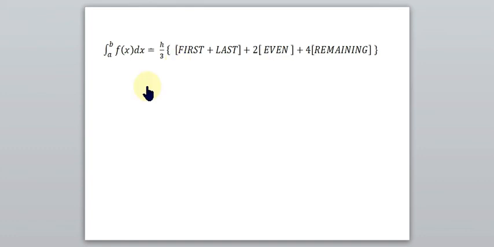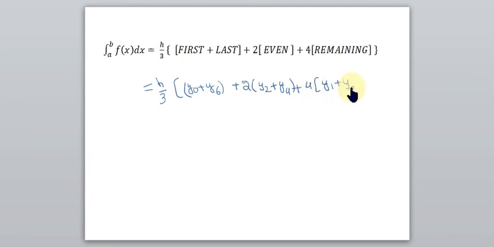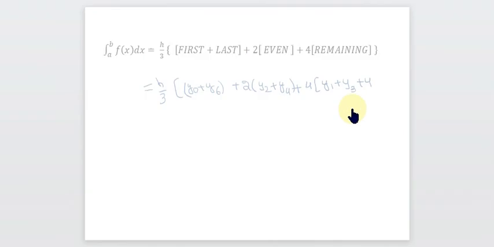It comes as h by 3 times the first y value plus the last y value, in this case y0 plus y6, plus 2 times the even y indices, which is y2 plus y4. I'm not going to write y6 again, because y6 is already included in the first term. Then 4 times the remaining values, which are y1, y3 and y5, the y values not listed in the first two components.